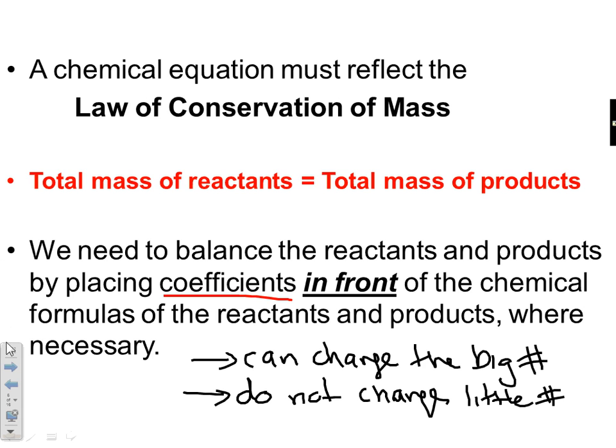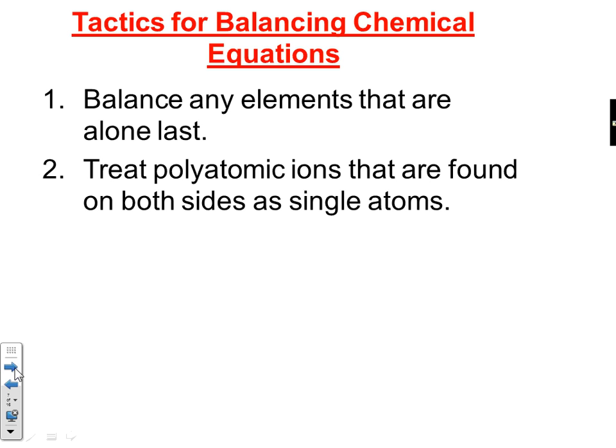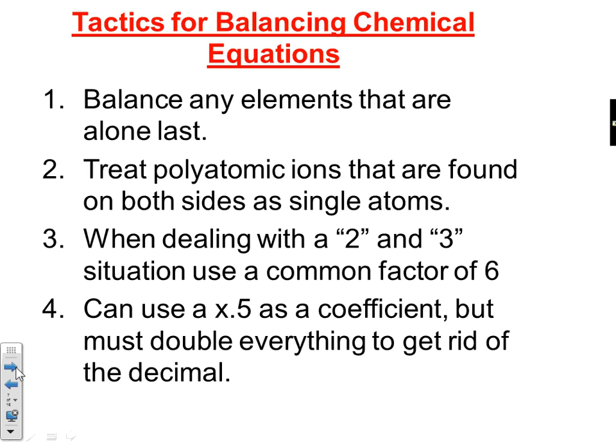So I have a list of tactics, or little plans, that I found to be useful in balancing. Some of them, like this last one, actually break one of the rules for balancing by using a decimal or a fraction, but I'm going to show you how we can then fix it to make it a proper balanced chemical equation.